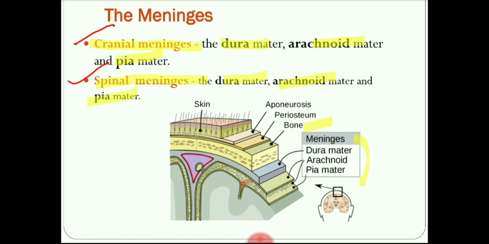The dura mater is divided into two parts in the region of the cranial meninges, while in the region of the spinal meninges, it remains a single layer.